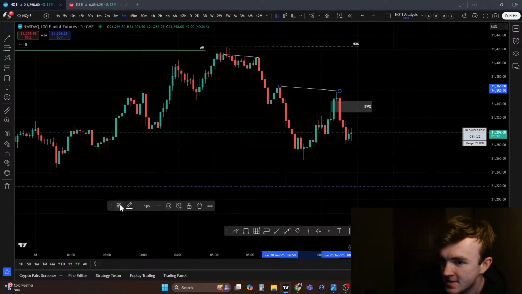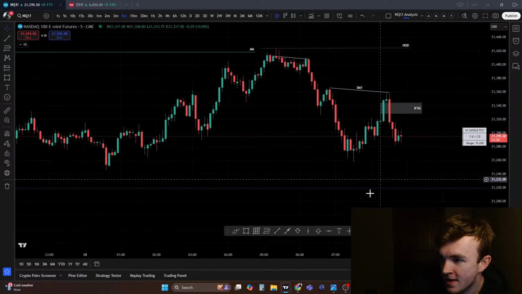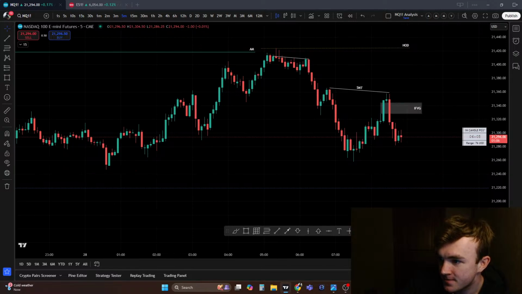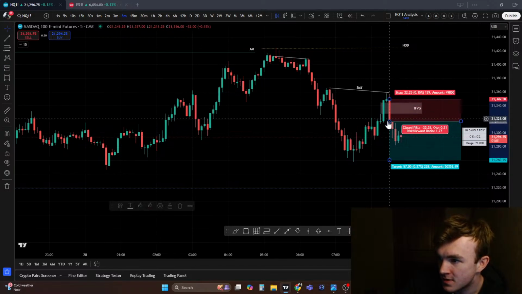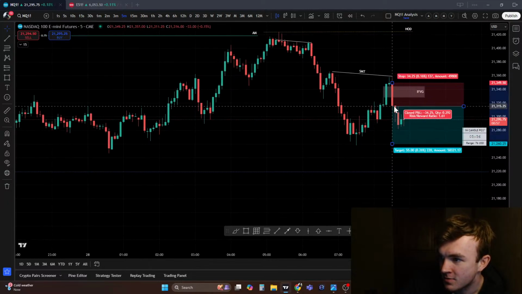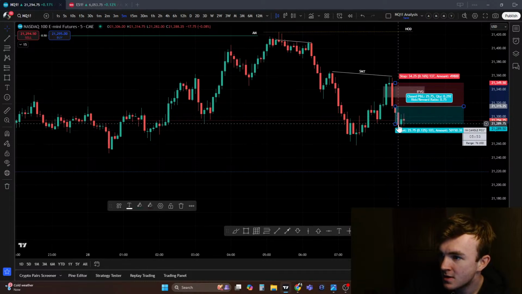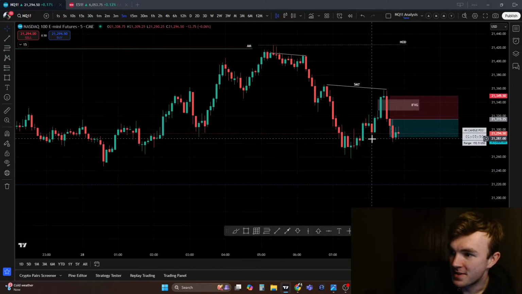So yeah, we got SMT here, and then we inverse this for value gap. So theoretically, if you wanted to take that, you'd be in profit on this already. This would have hit 0.75 to 1 so far.